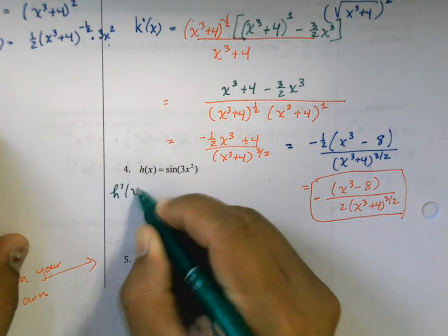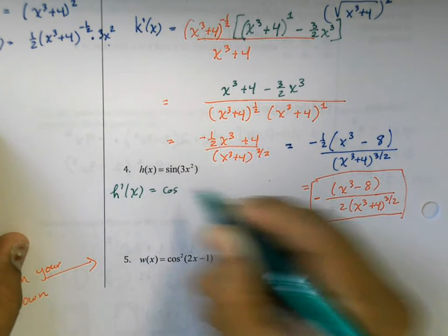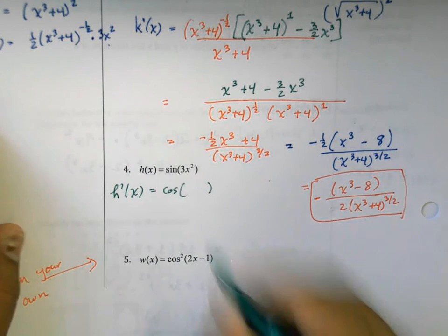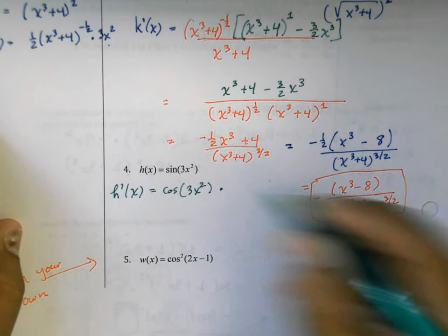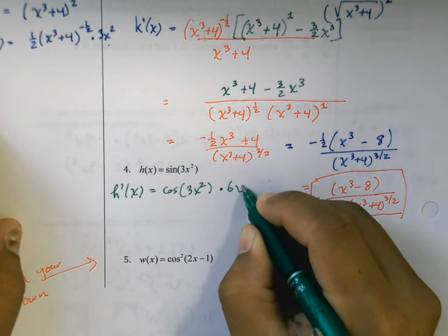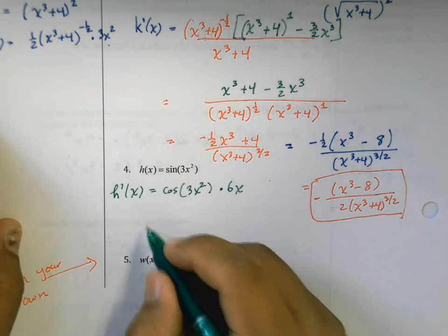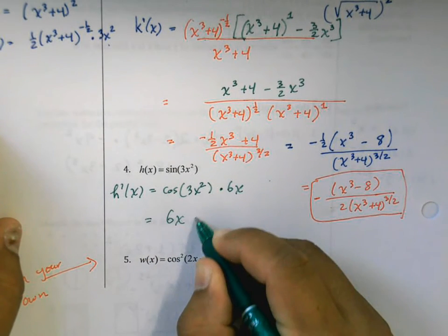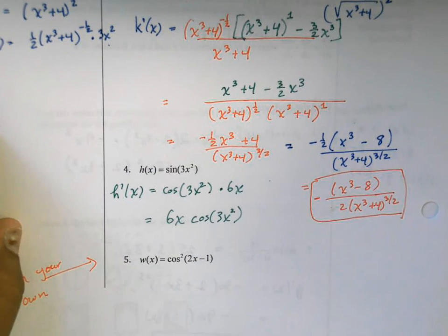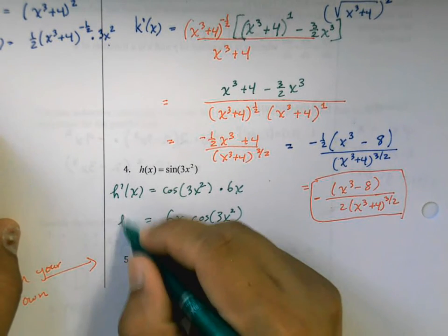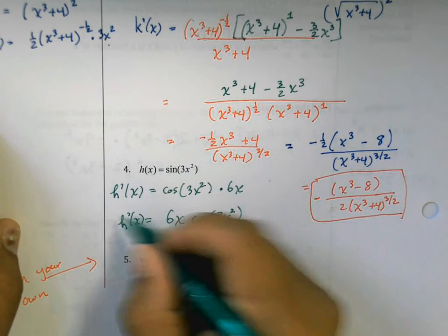So the derivative of this is cosine of x, but it's not really x, it's 3x squared, times the derivative of the inside function, which is just 6x. So our final answer here is actually pretty straightforward: 6x times the cosine of 3x squared.